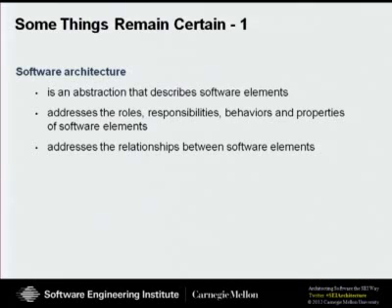When we look at elements in an architecture, we look at them from an external perspective. We want to know, when we look at an element, what do we know about it from the outside? As architects, we're not interested so much in the internal details of how an element is implemented.